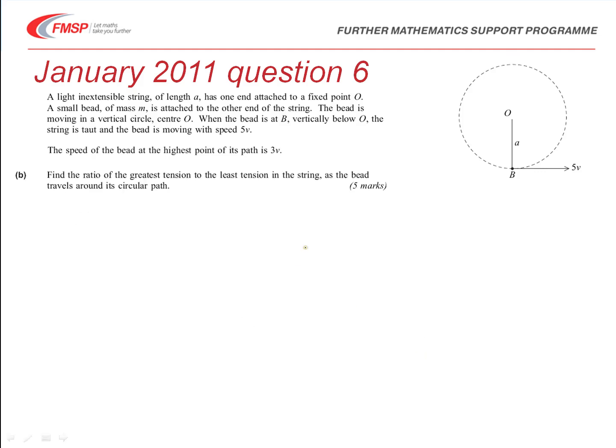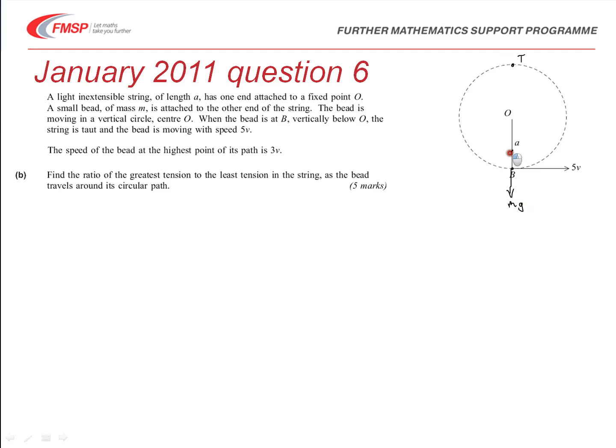Now, part B of the question, we're being asked to find the ratio between the greatest and least tensions in the string. Now those will occur at the bottom of the circle when the speed is at its greatest and the weight of the particle is acting in the opposite direction to the tension in the string.